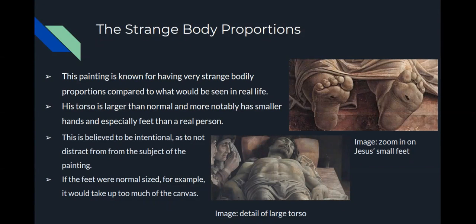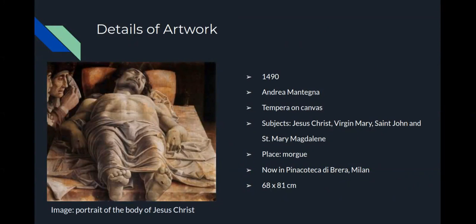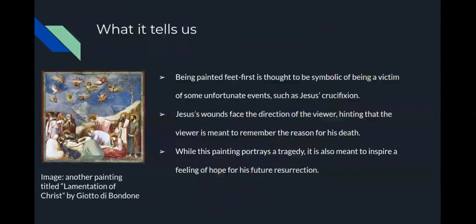So, one of the most interesting aspects of this painting is Jesus has some very strange bodily proportions. For example, his torso is large and his feet are very small. If we go back a little bit, you can definitely see his feet are very small.